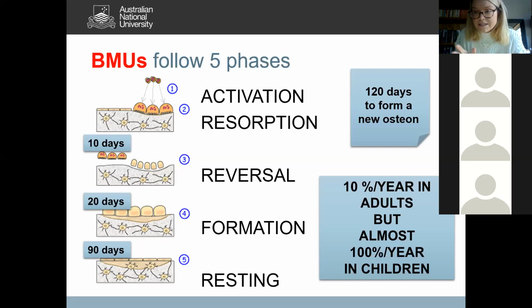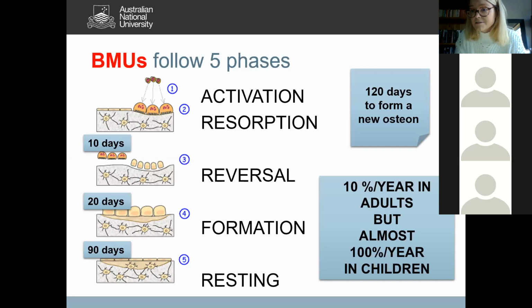So approximately 10% of your bone is remodeled a year. What we also mean by that is that the bone that's resorbed in one location is replaced by the exact same amount of bone in that same location. So you don't really see much difference, it's just replacement.